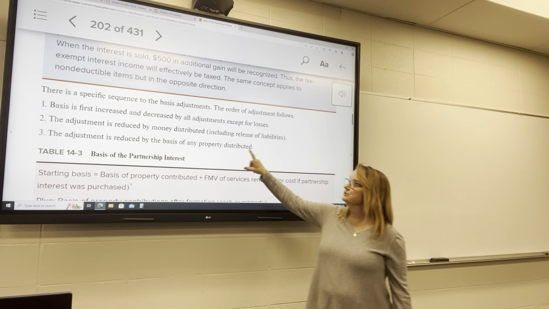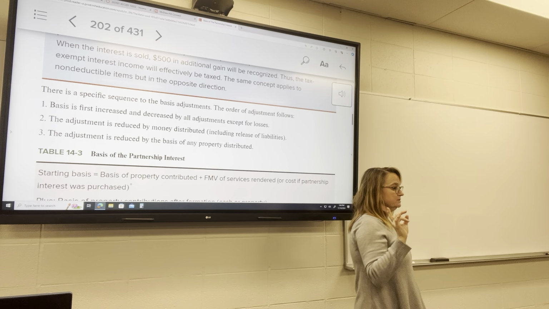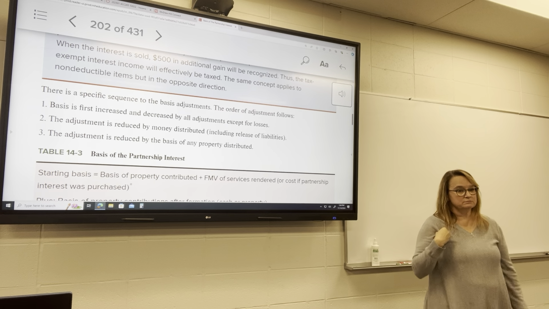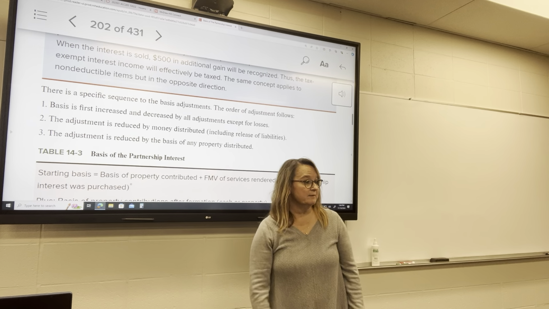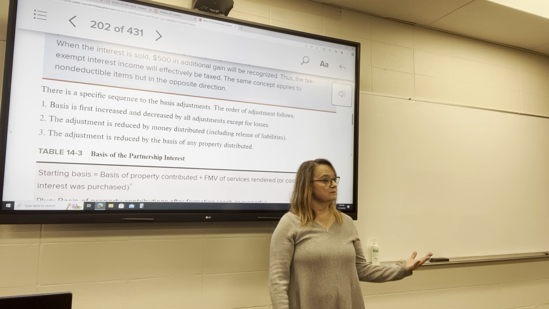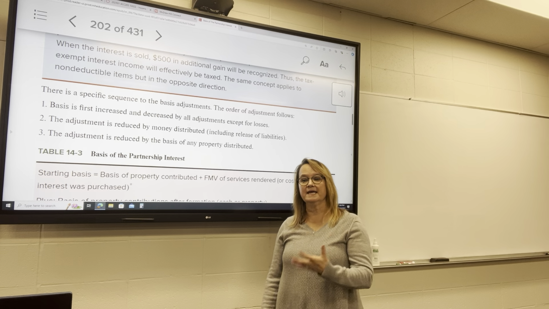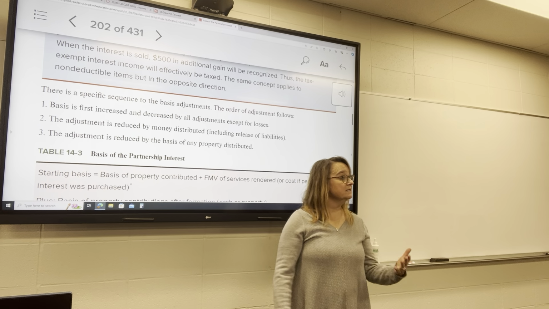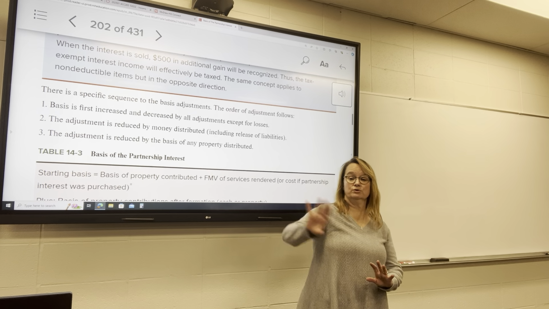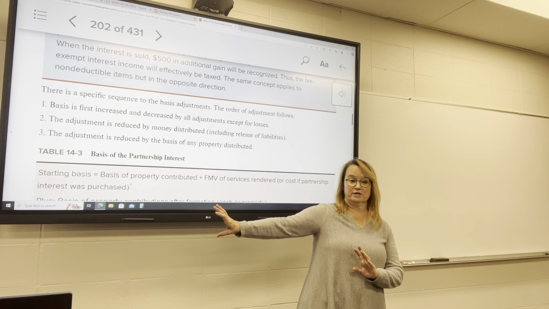Then we're going to reduce it by any distributions, any money that was taken out. This would include the release of liabilities. So we talked about, if the partnership had taken on liabilities when we acquired an asset, and we are released of those liabilities, you're no longer responsible for that share.